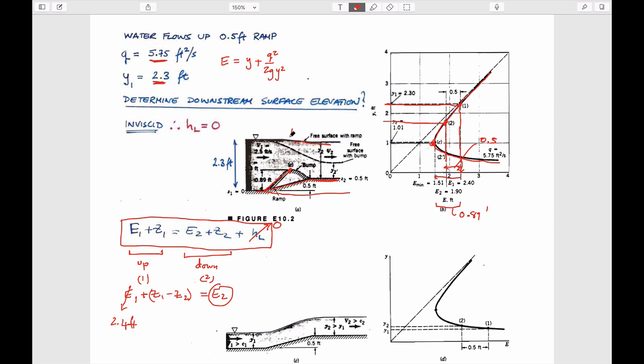So at this section here, it would be flowing at this particular depth and at this particular energy, which would give us a particular flow velocity because you know the cross-sectional area. And as it goes downstream from this, the energy changes, and so now you are able to get around this nose and get to this second point, which would be this smaller depth here, which is 2 prime.